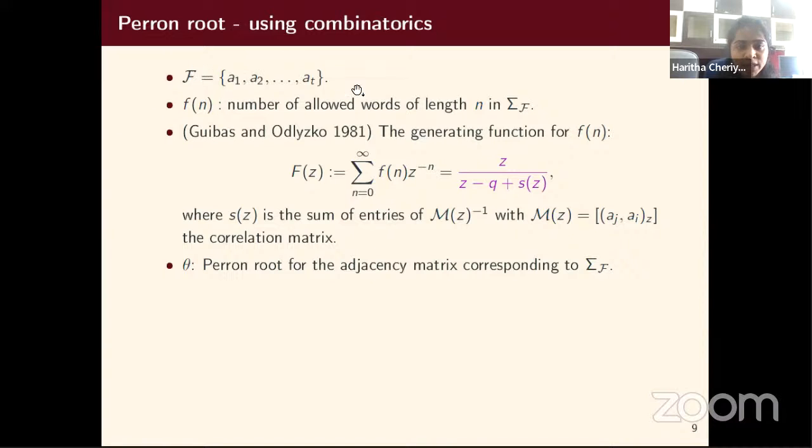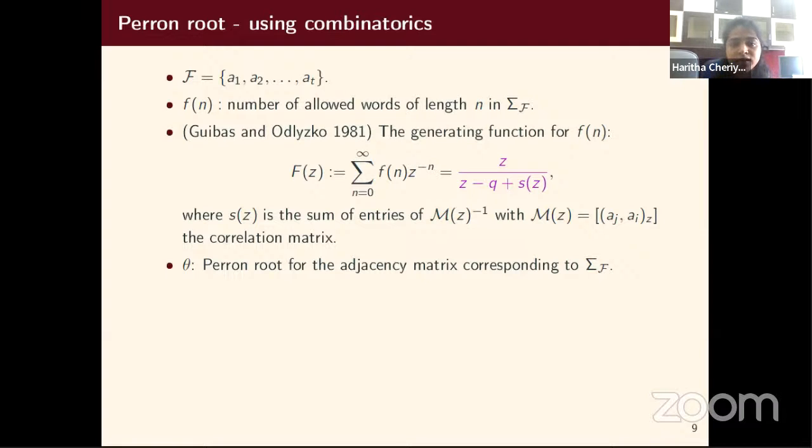So F is a forbidden collection given by a1 to aT, and f(n) is the number of allowed words of length n in sigma F. Then Guibas and Odlyzko proved that the generating function for f(n), which is the summation of f(n) z raised to minus n, will be equal to z divided by z minus q plus s(z), where s(z) is the sum of entries of the inverse of this matrix N(z), where all the entries of N(z) are the correlations between two words.